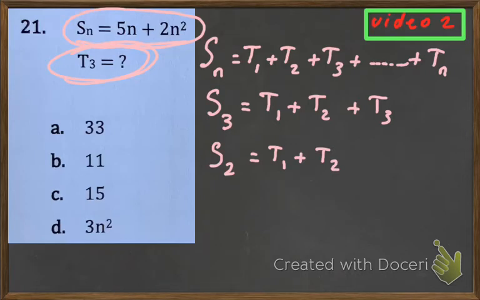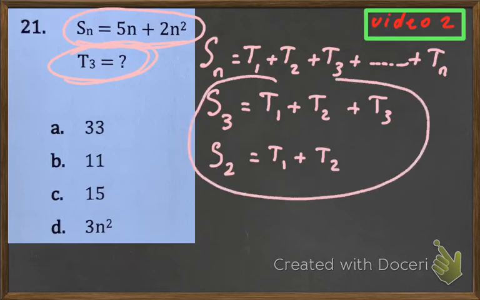If you look at the two expressions or the two formulas that we've constructed here, the sum of the first three terms and the sum of the first two terms, if we subtract from the sum of the first three terms the sum of the first two terms, then we are left with the third term.